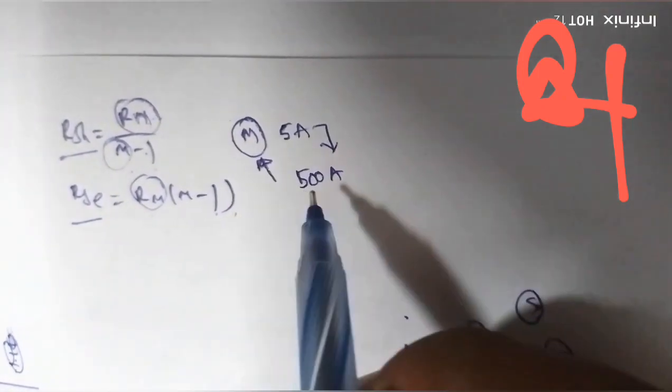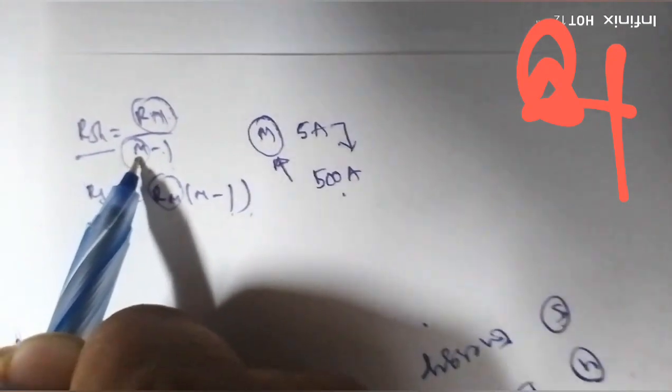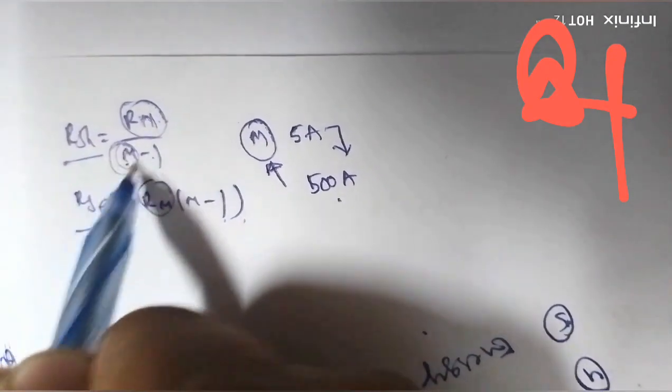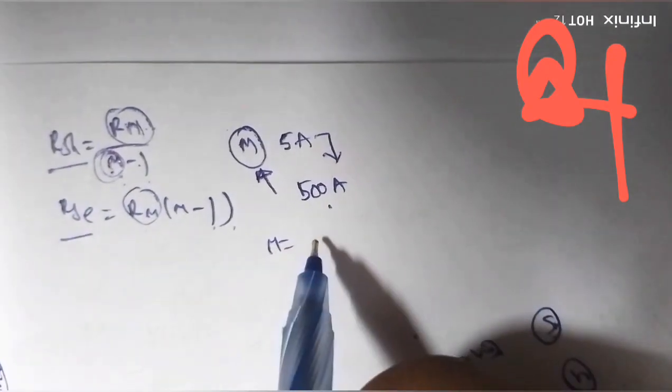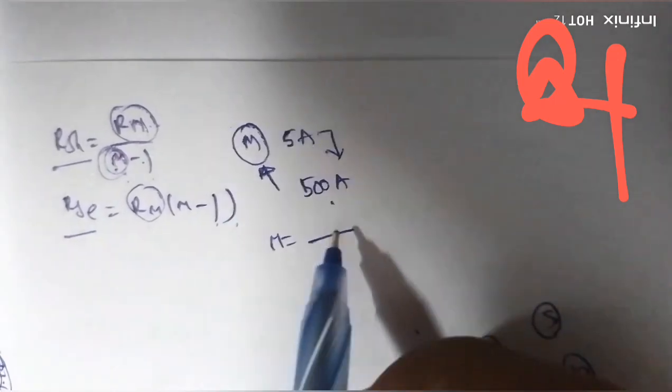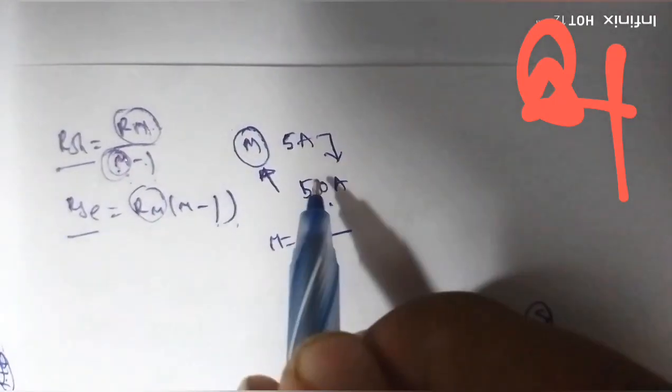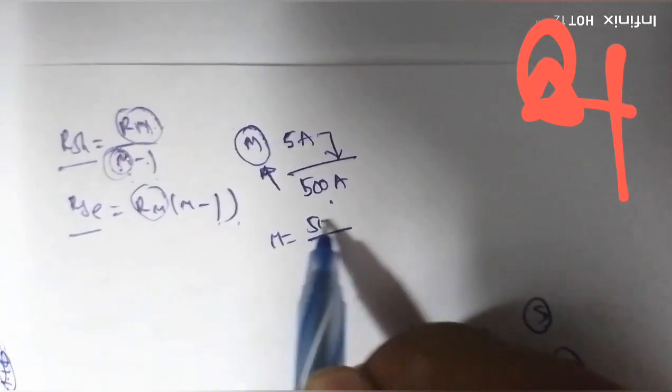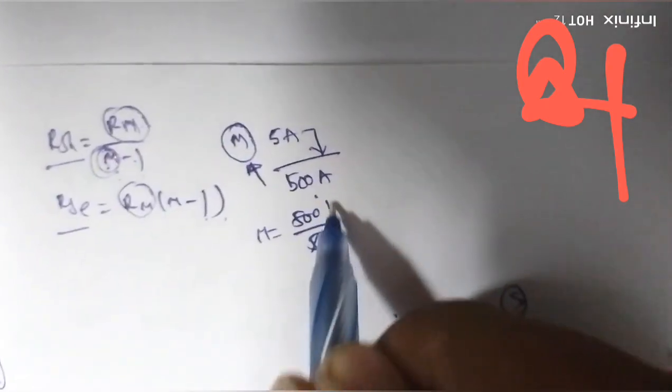What we can do is extend the range of the meter by using this formula. M means multiplication factor. 500 divided by 5, so M is 100.